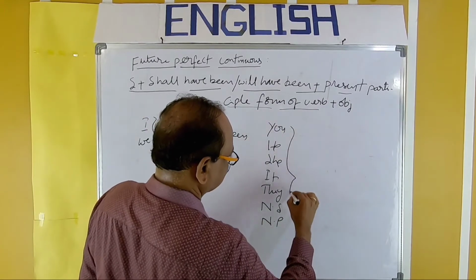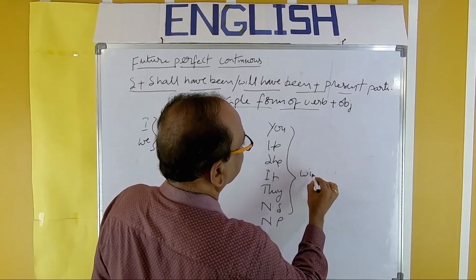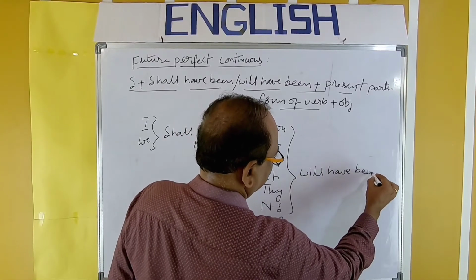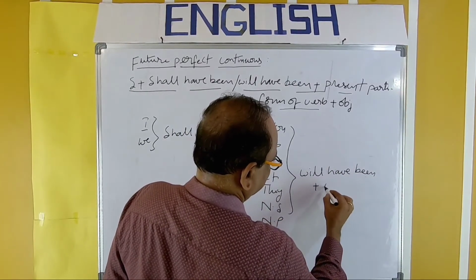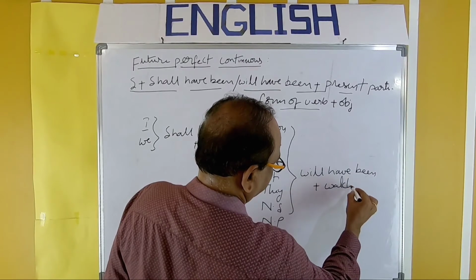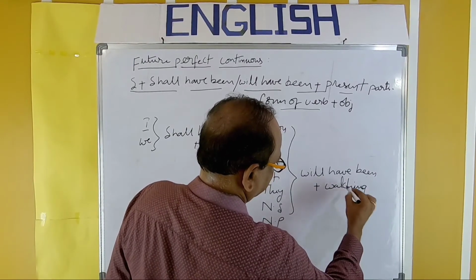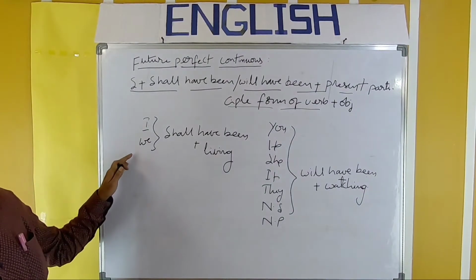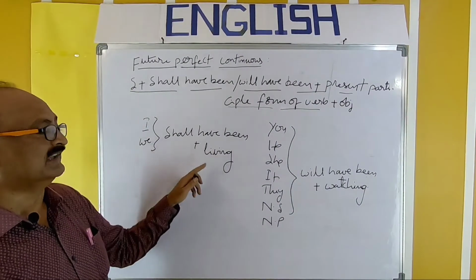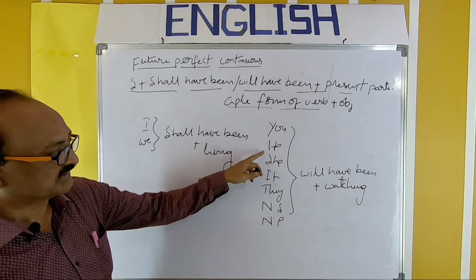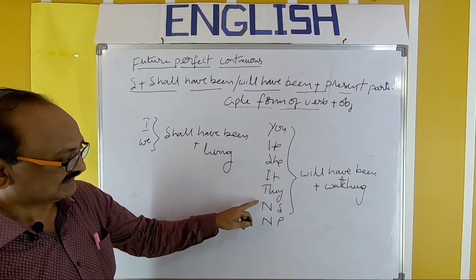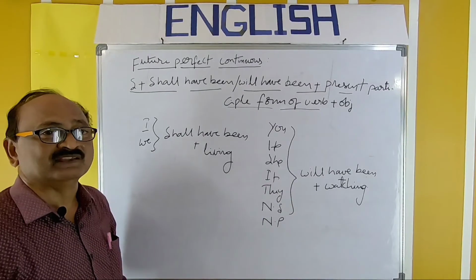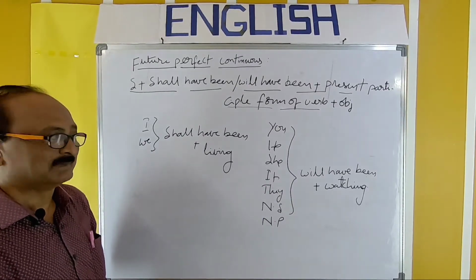With all these, we have to use will have been plus verb. We can take watching. So, like this. With I or we, shall have been. With you, he, she, it, they, noun in singular and noun in plural, I have to use will have been. So, that is the basic pattern.